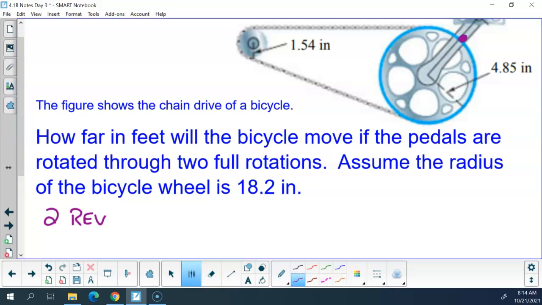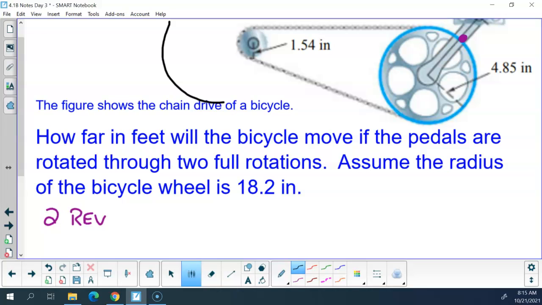Now, from there, we can get to the tire. The tire is way over here. We're at the purple dot. So, what do we need?